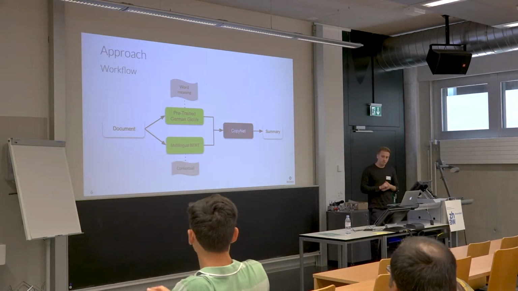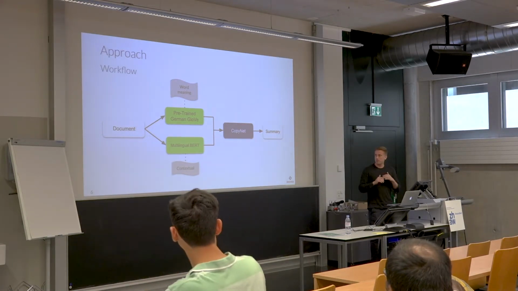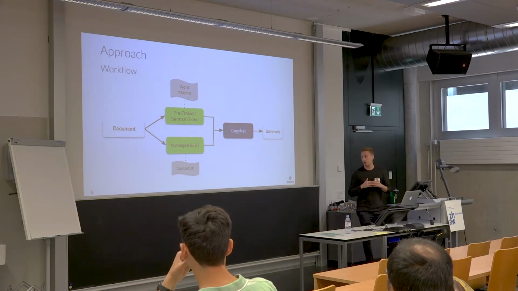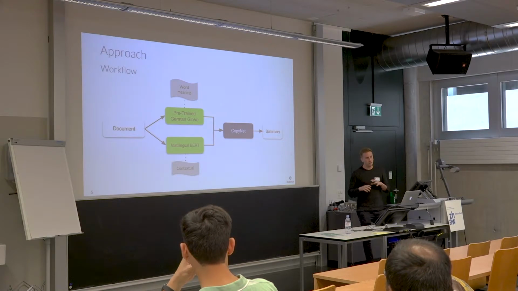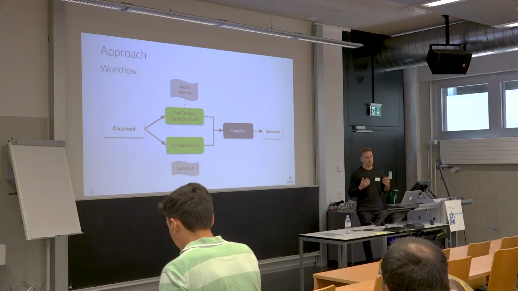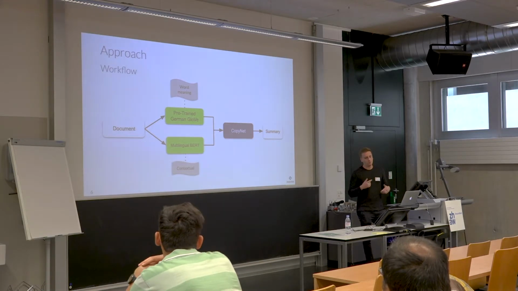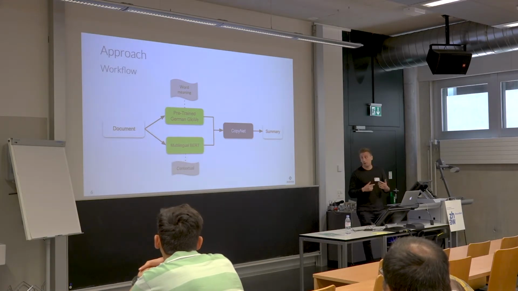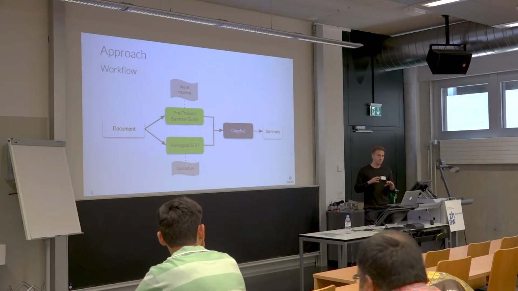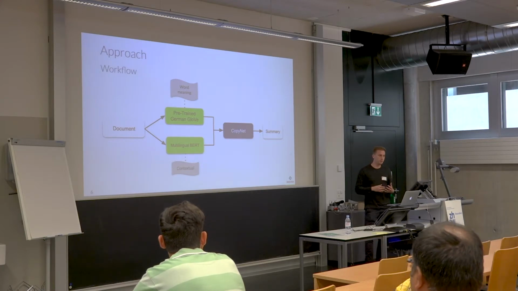To give you a bit of our workflow, the main idea is not only to use word embeddings. In our case, we use pre-trained German GloVe embeddings of dimension 300, and these embeddings have the word meaning in them. As we learned beforehand, we have only one unique representation of each word, and it may be beneficial, or it's definitely beneficial, to have the context of words. Words have different meanings in different contexts.